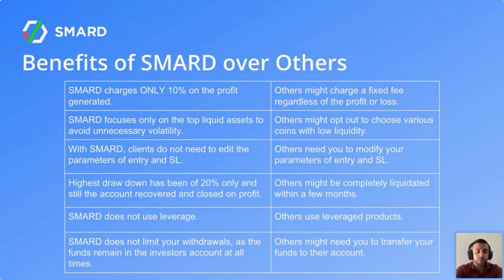At any given time, you're able to take out your funds, withdraw, take your funds elsewhere and do whatever you like with them, because the funds at the end of the day remain in your own trading account. We'd never have access to them. And even when you opt for an API, you can use this option to not allow withdrawals for Smart.